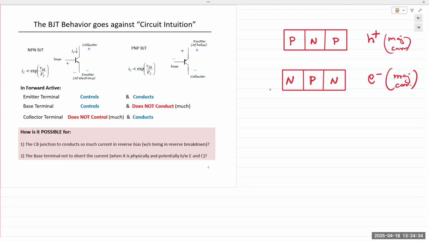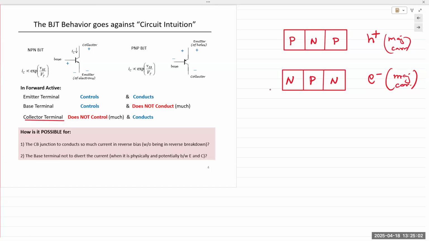But in general, the collector terminal does not conduct a lot of current. Which is, again, we'll talk about it in the next few slides. So it does not control the flow of current.